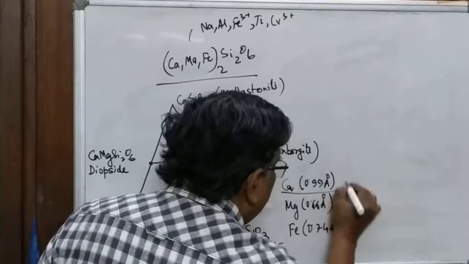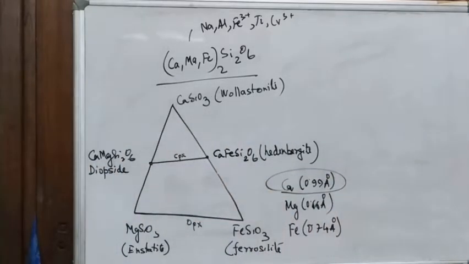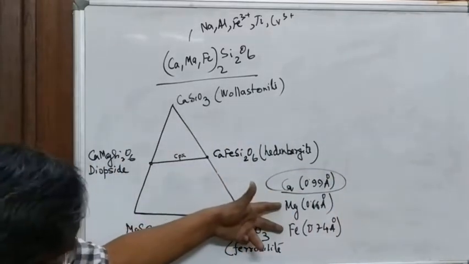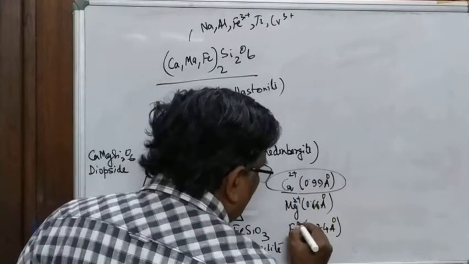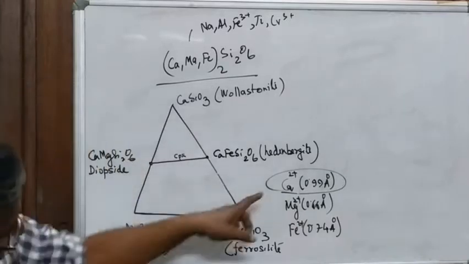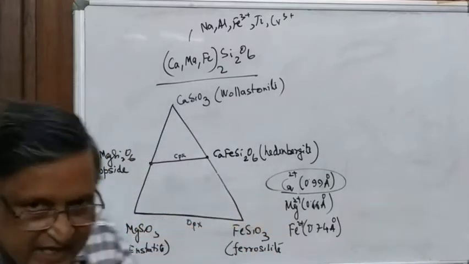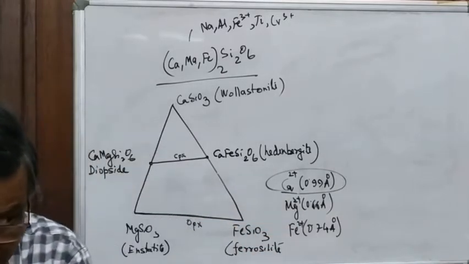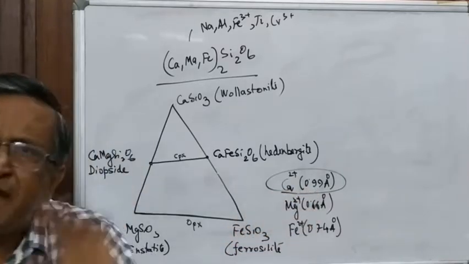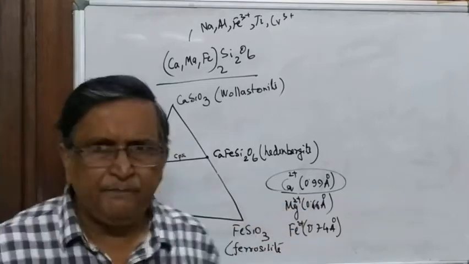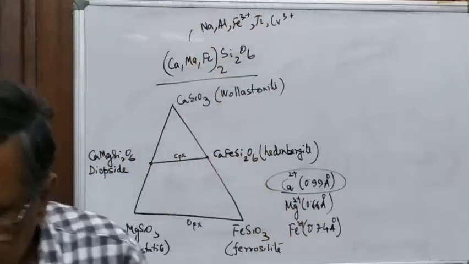So you can see here, all of them are divalent, yes? Magnesium and iron have close ionic radii and they are both divalent. But calcium has a very high ionic radius compared to magnesium and iron.